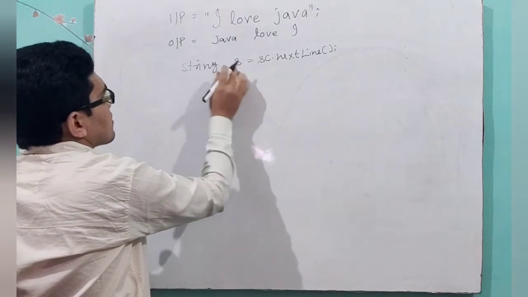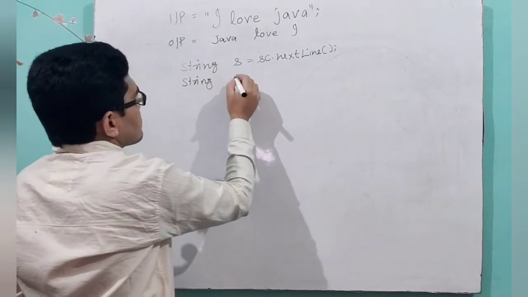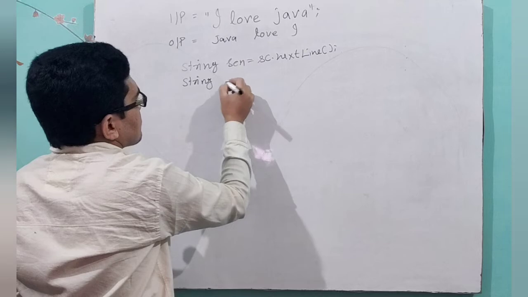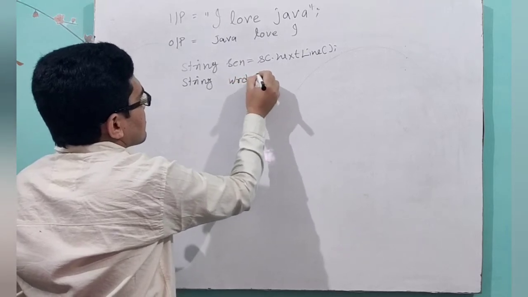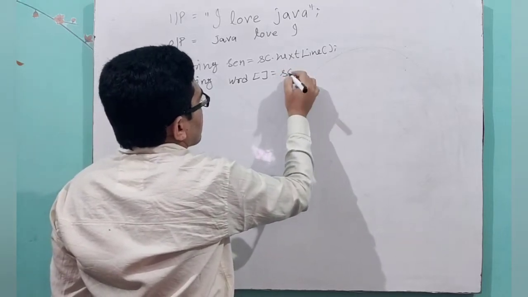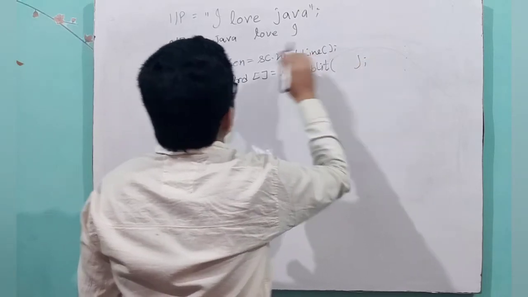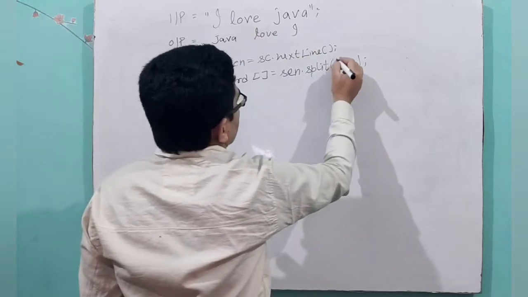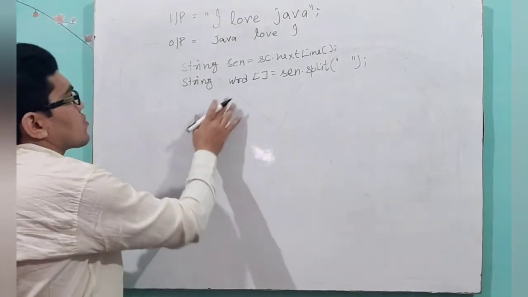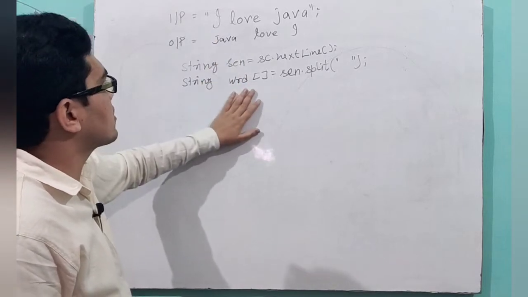Now split this string: String wrd is equal to sen dot split. Here I will split the string on the basis of space, so in double quotes I leave one space. Now the string is split and it is stored in the wrd array.